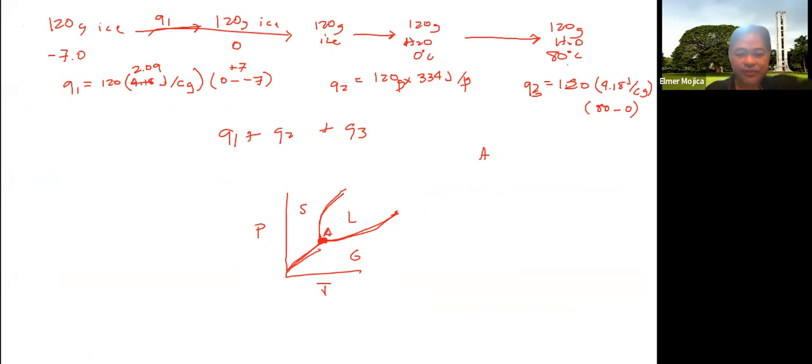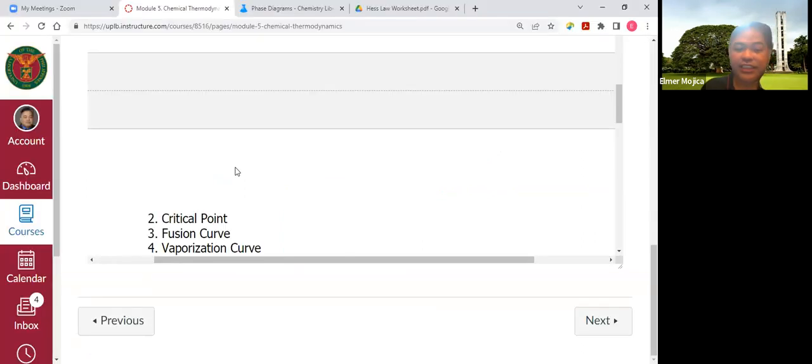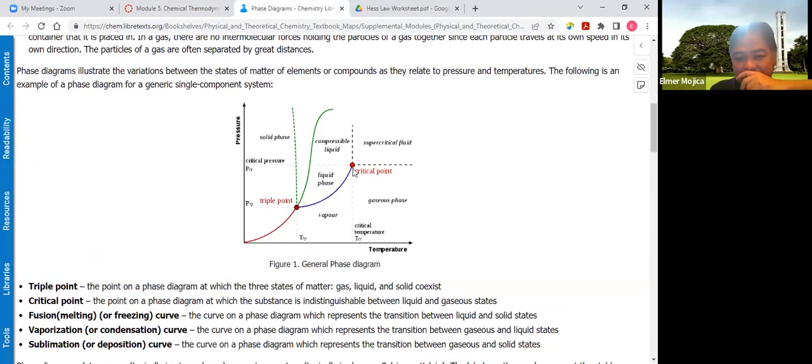Okay? Now, ano pa yung nakalagay doon? Yung tinatawag na critical point. So saan yung critical point? Ito yung critical point na yan. So sa critical point na yan, anumang taas ng pressure mo or temperature, hindi mo siya ma-liquefy.